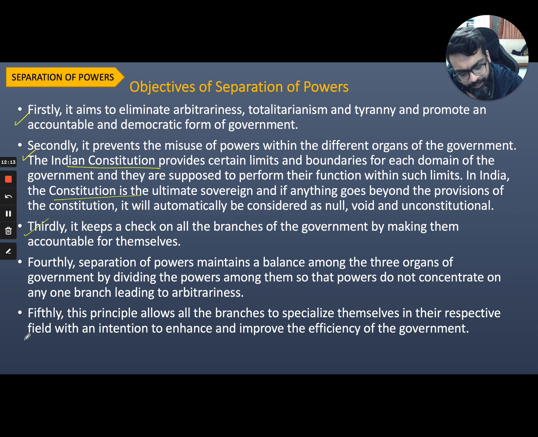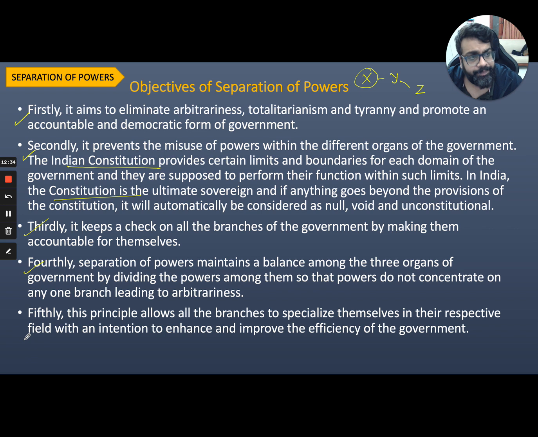Because if, for example, a branch of government X has to perform function Y, but slowly transgresses into performing function Z, it is also the moral responsibility of the branch of government X to withdraw from performing function Z, so that things are left within a certain amount of accountability.